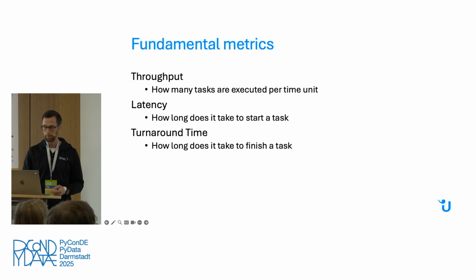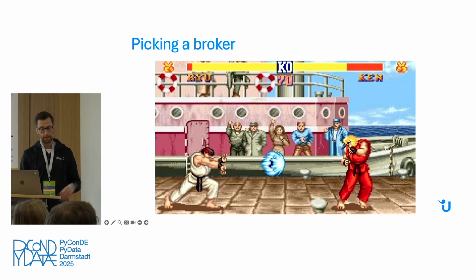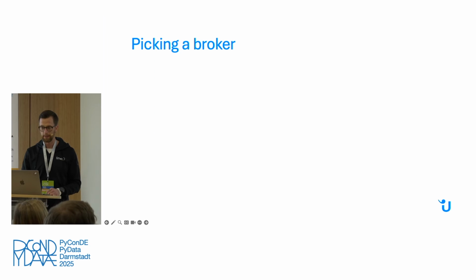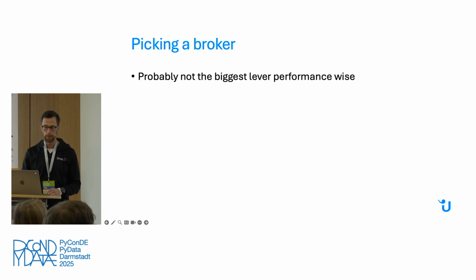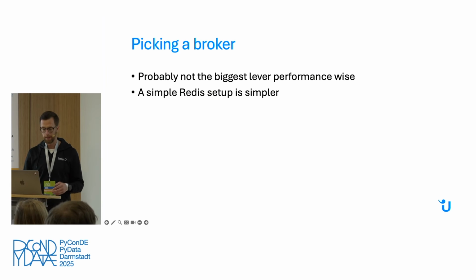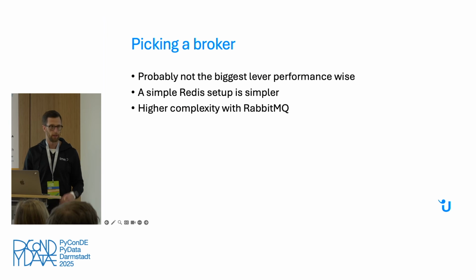Now, your instinct might be to pick a broker and have them battle it out in artificial benchmarks. But as exciting as this sounds, picking the broker is probably not the biggest lever performance-wise when it comes to Celery. Maybe the simplicity or complexity of the setup is more of a driver. A simple Redis setup is simple, whereas RabbitMQ comes with a bit of a higher learning curve.